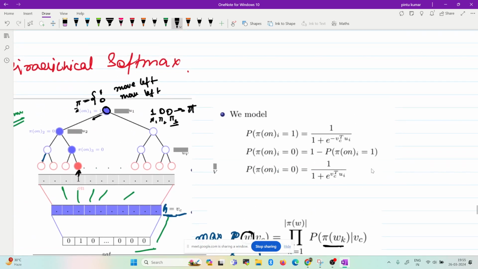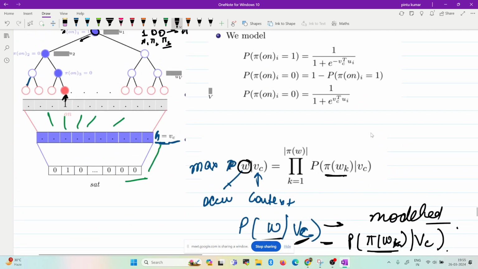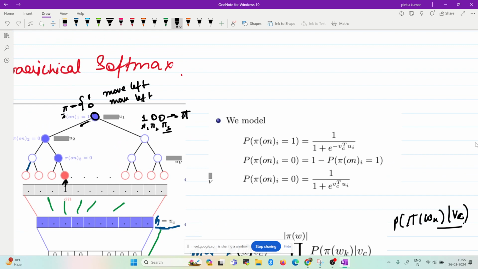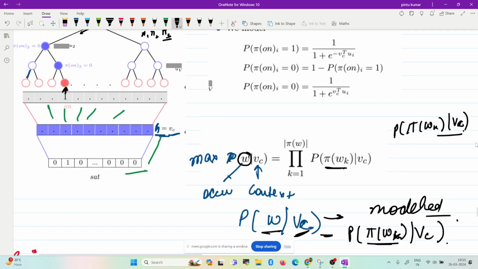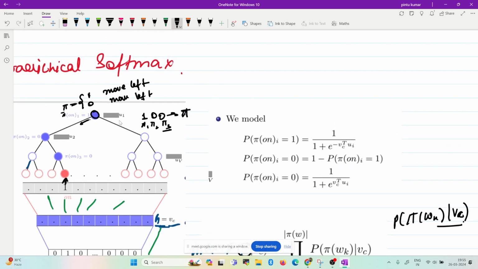Also, we can model this: what is the probability of pi of wk given some vc? How we can model this is, as I said, every node except the leaf nodes will have some vector representation ui.